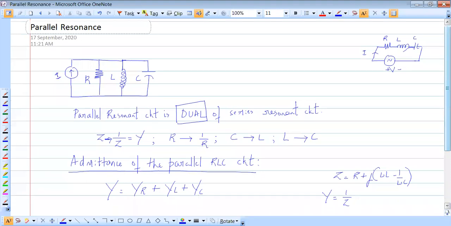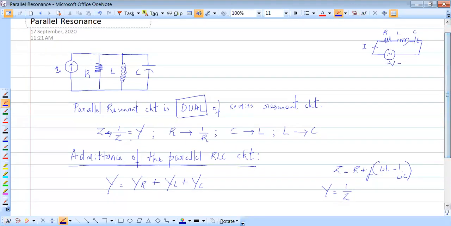Understand that? Now, what is the admittance of the branch consisting of the resistor? This is 1 by R, plus j. Fine. Now, here it is omega L. XL we say, right?